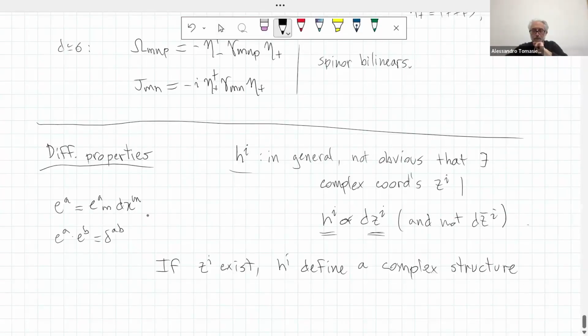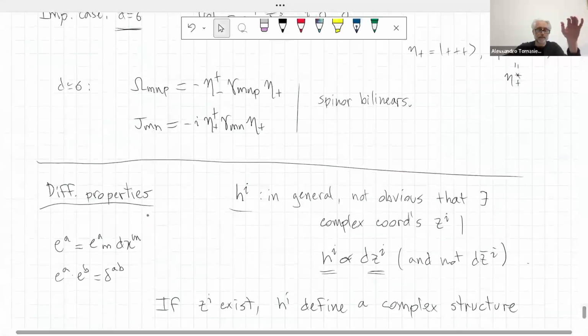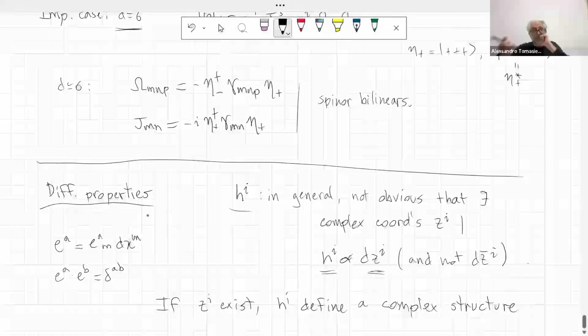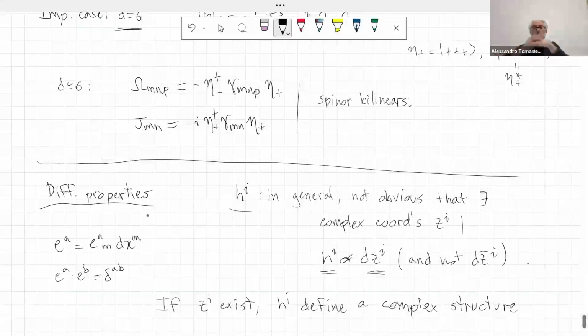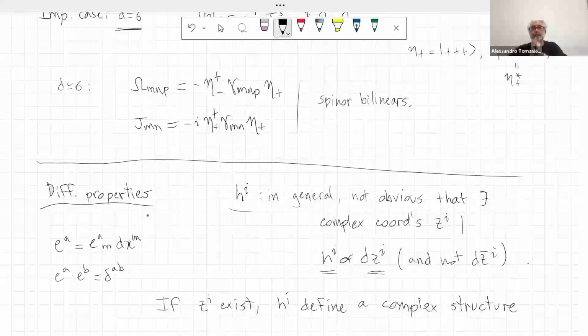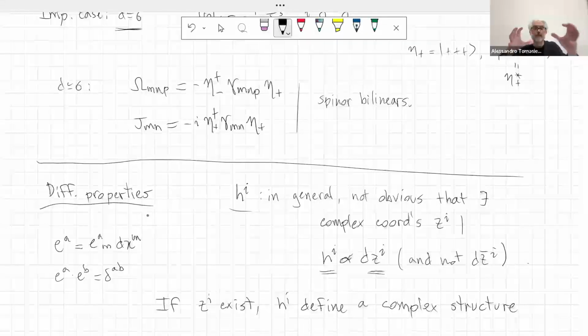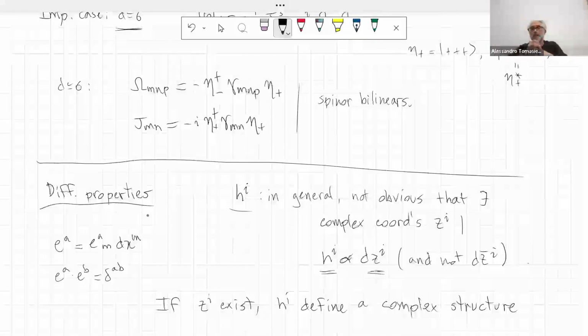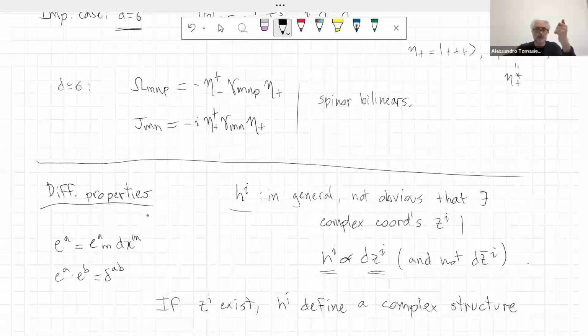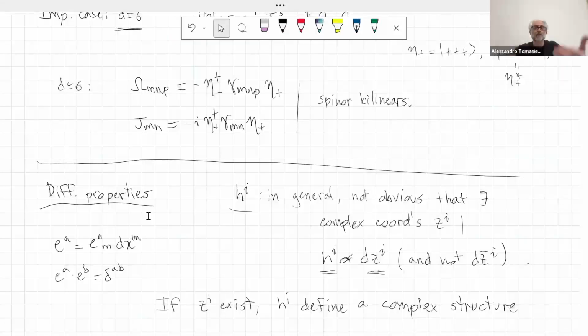But even if you try to reverse the thing and say, I'll start with the z^i and then look for an eta and an omega that relate to those dz^i, it will not be trivial to globally pick this complex structure. So there is in a way a local obstruction if you have already a spinor in mind, but also a global obstruction even if you don't have a particular spinor in mind. This discussion maybe is a bit subtle, but I hope it will become a little clearer later.